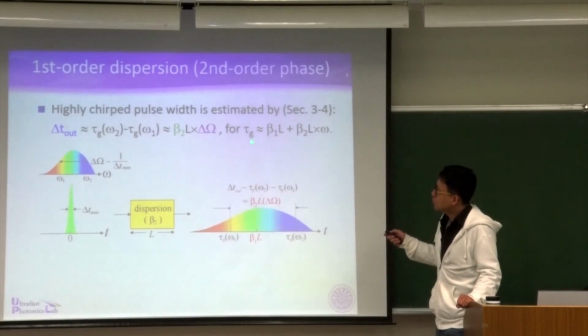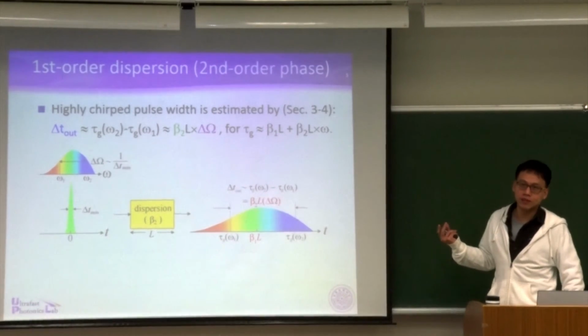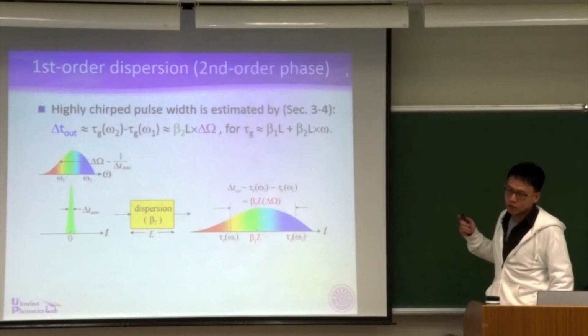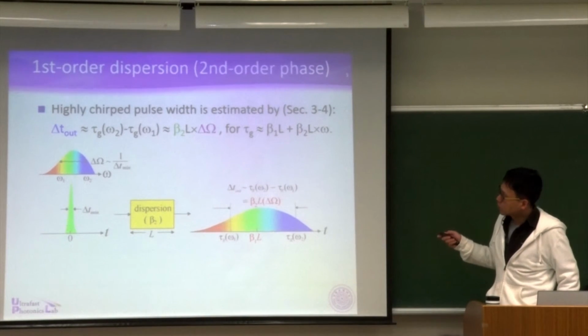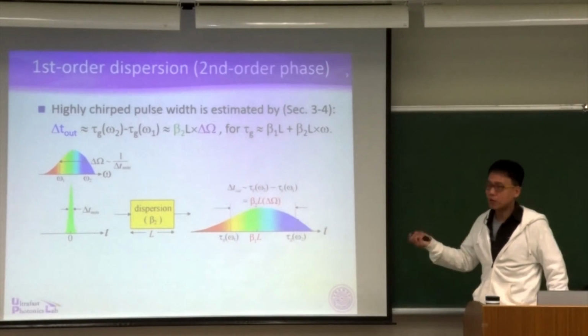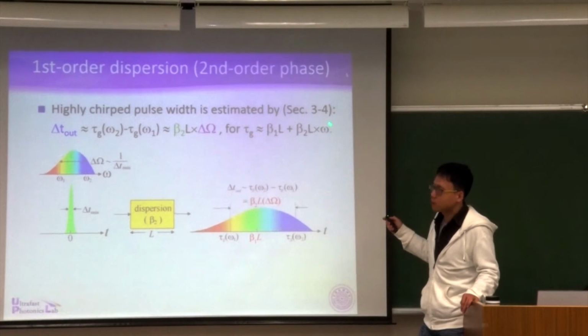And the tau g formula is here: beta 1 times L, but this is a constant independent of frequency. And you have another term, beta 2 times L times frequency omega. So if you substitute omega 2 and omega 1 into this formula and subtract them from each other, you can see the contribution from the first term will cancel. Only the second term remains.